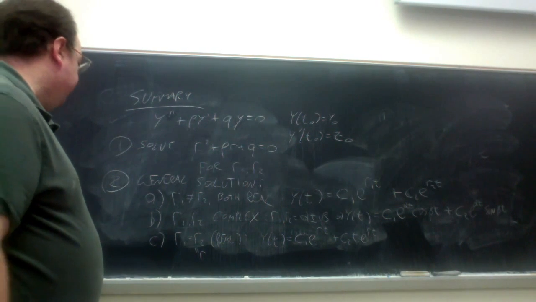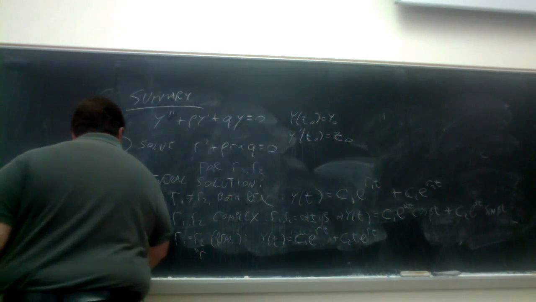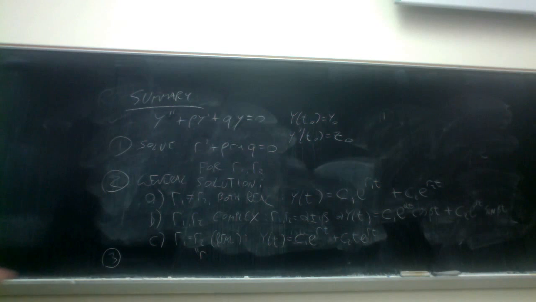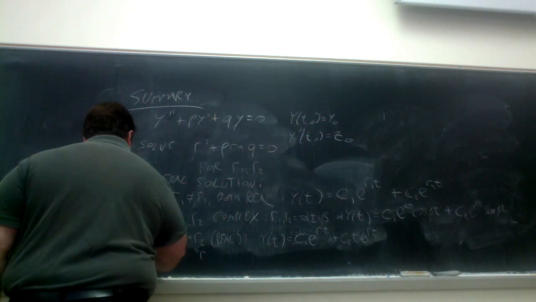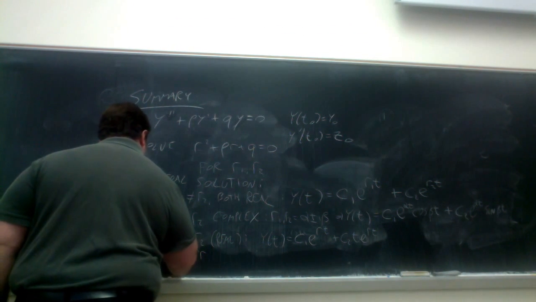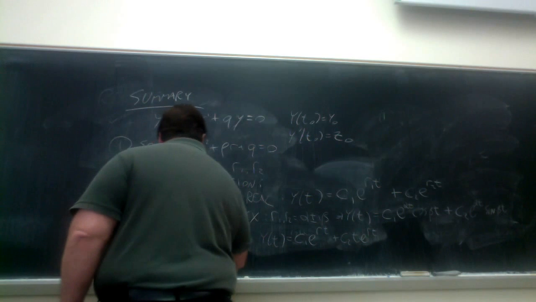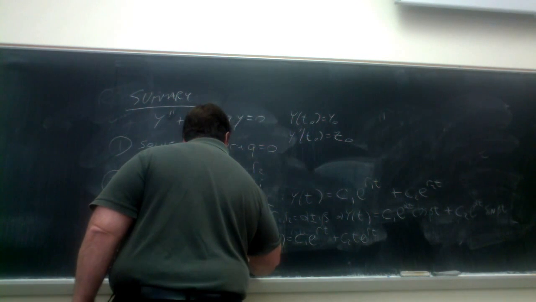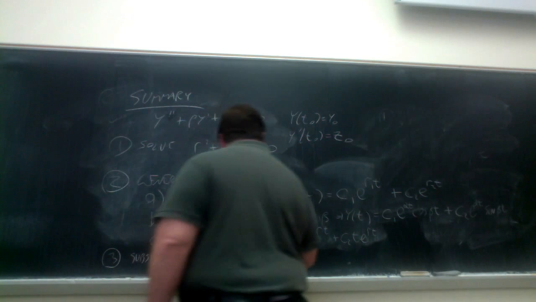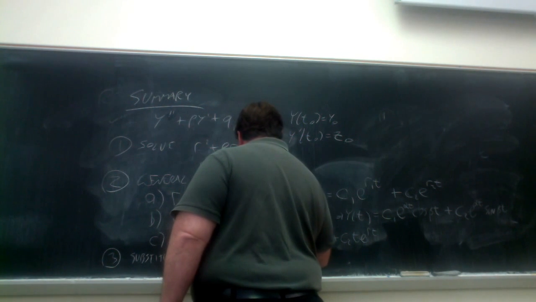And finally, if there are no initial conditions given, you stop there. And if there are initial conditions, you substitute t naught, whatever that is, into y of t and y prime of t.